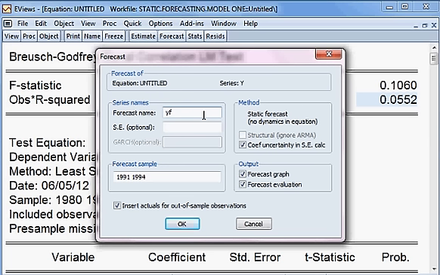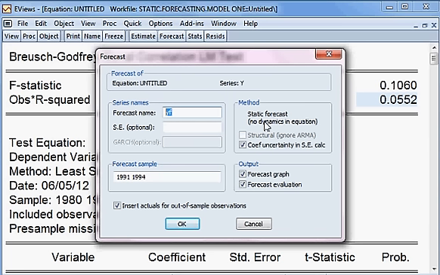And the method would be static forecast, because our model was not a dynamic or autoregressive model.